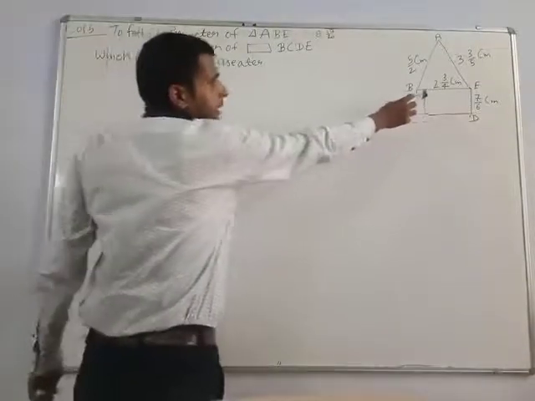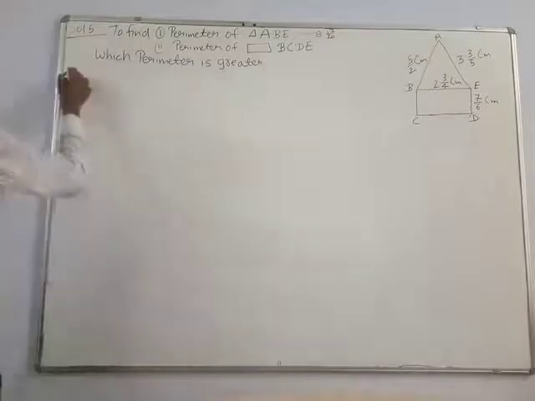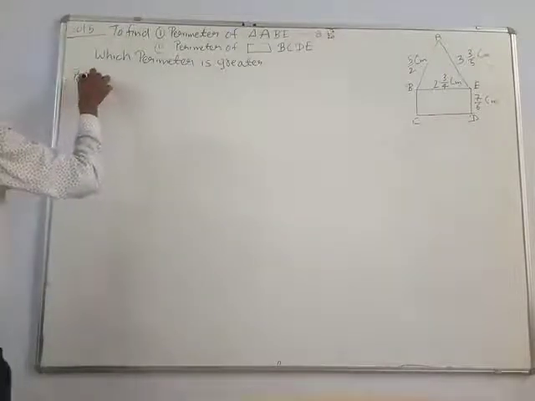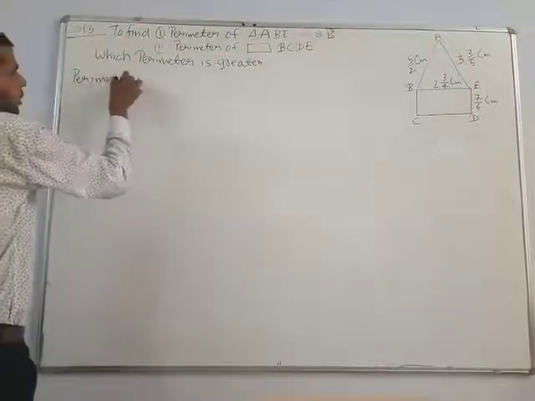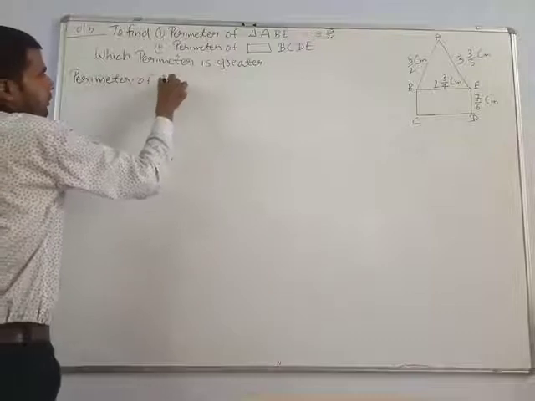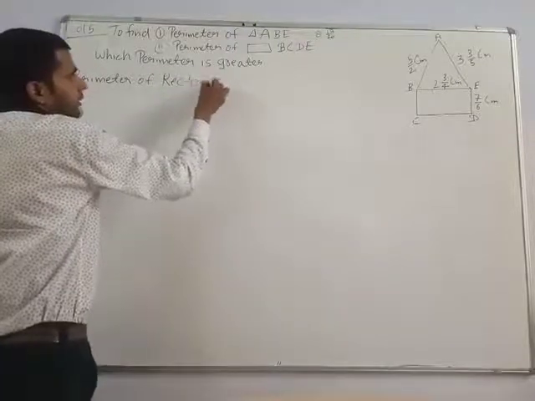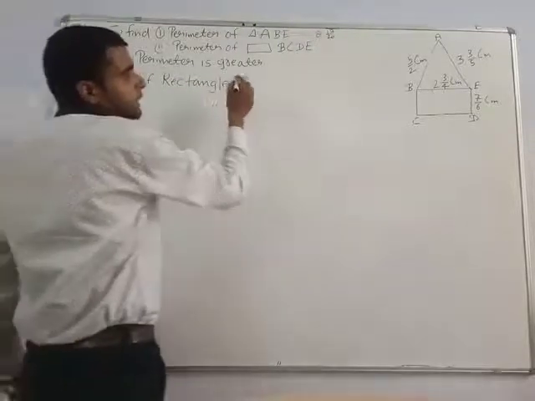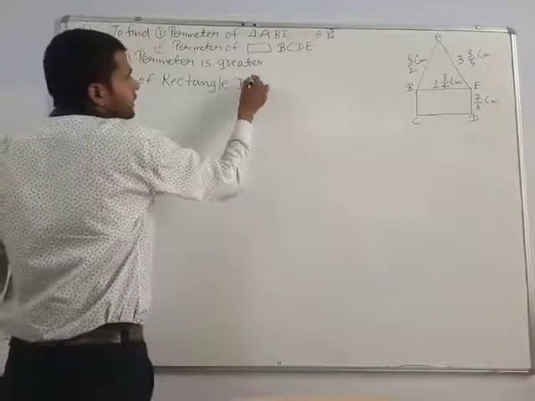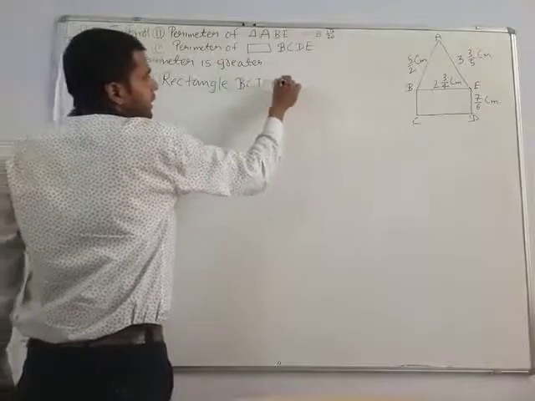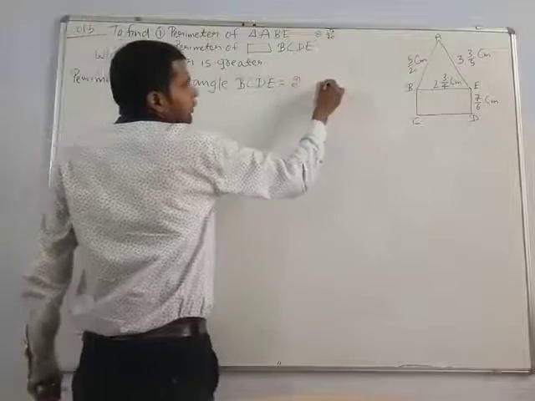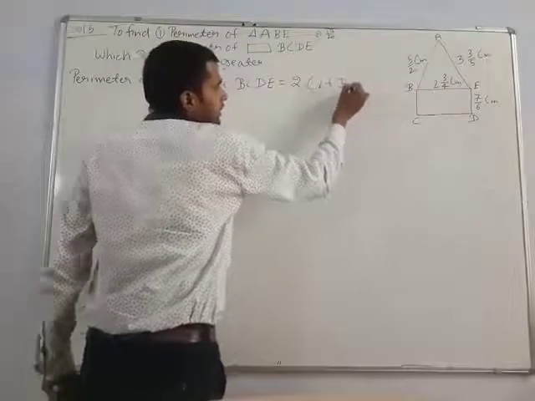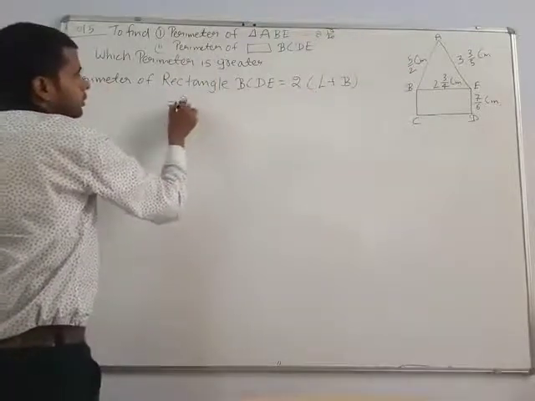Then the second part is the perimeter of rectangle BCDE. 2 times length plus breadth.